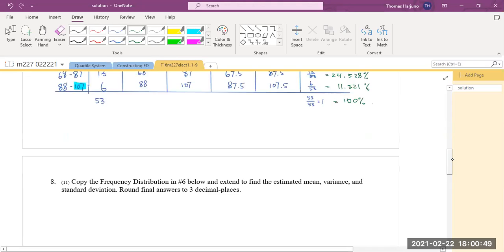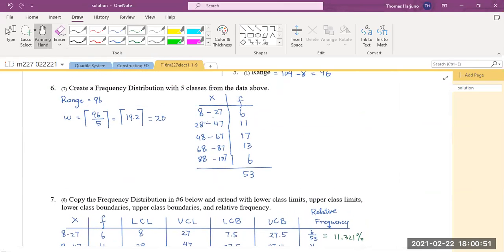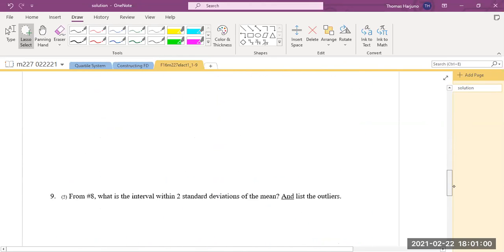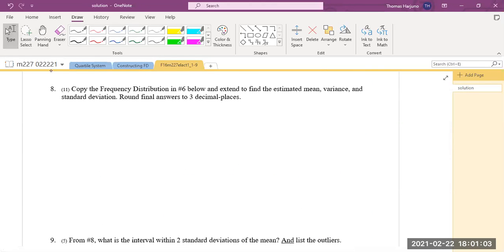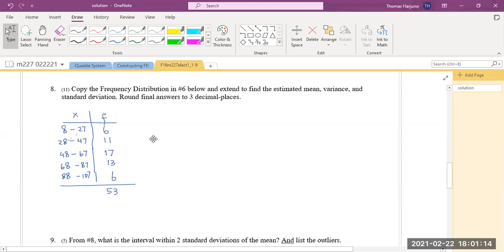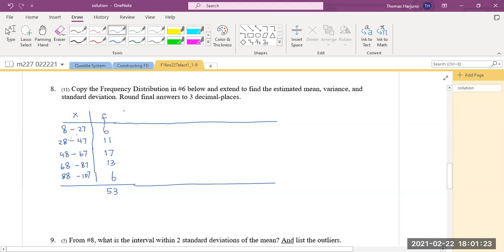So I will copy this frequency distribution there. And they told us this is a sample. After I copy that, I will extend it to find the mean, variance, and standard deviation.